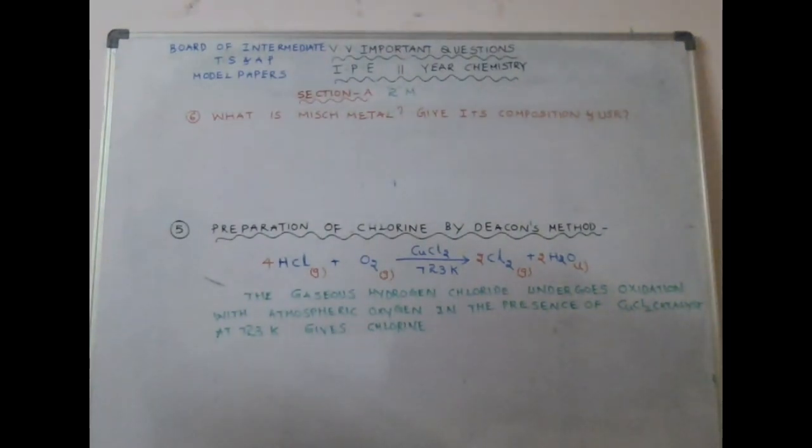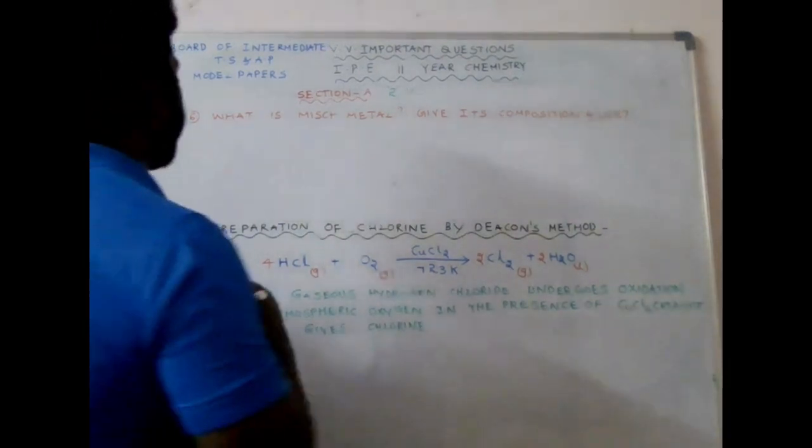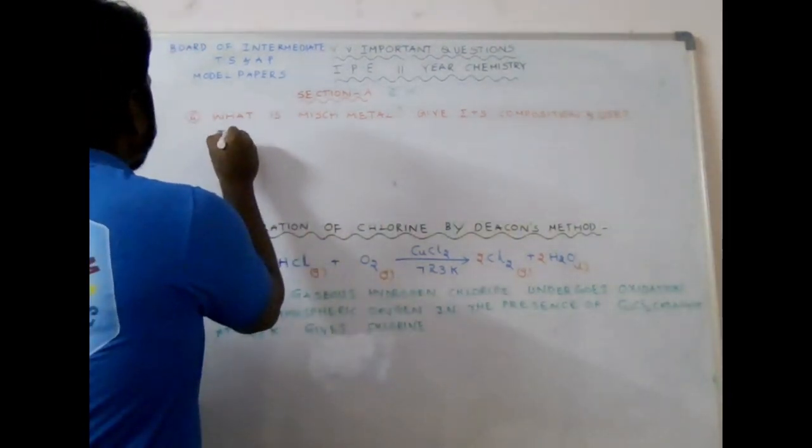So misch metal definition and composition combined we are going to write. Right? This is one alloy. Alloy means what? Mixture of metals. Two or more number of metals or non-metals is called an alloy, right? So we can start with alloy.